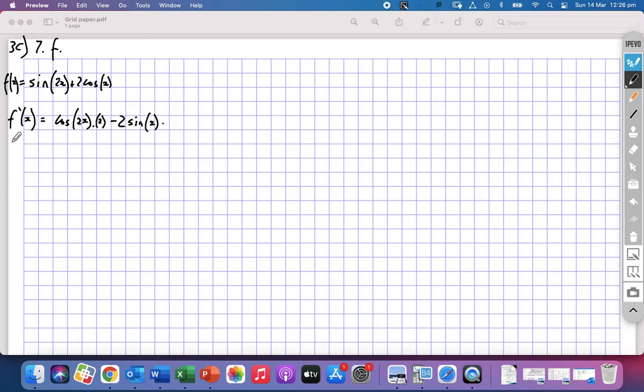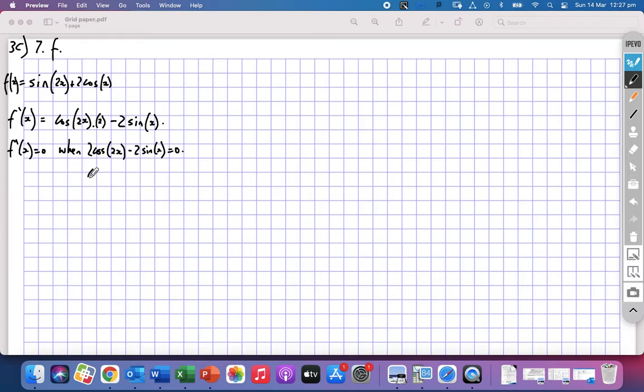You're getting stationary points when the derivative equals 0. Let's put the 2 out there. When 2 cos 2x minus 2 sine x equals 0, we can go through and divide by 2.